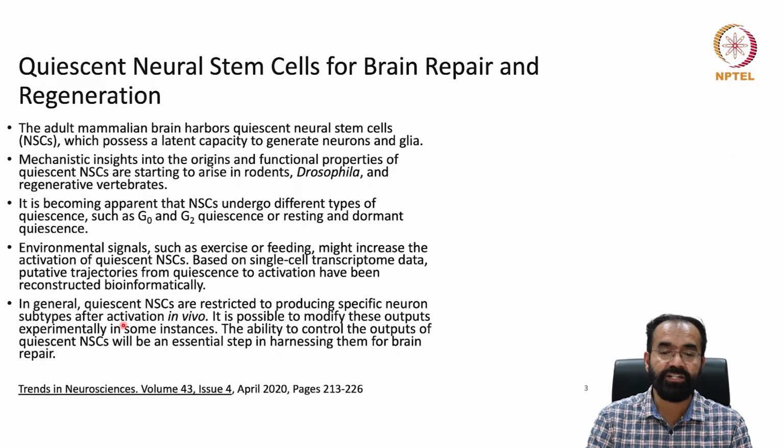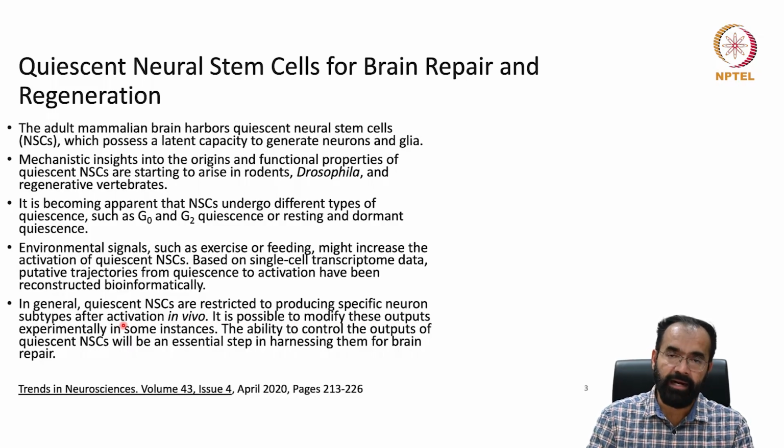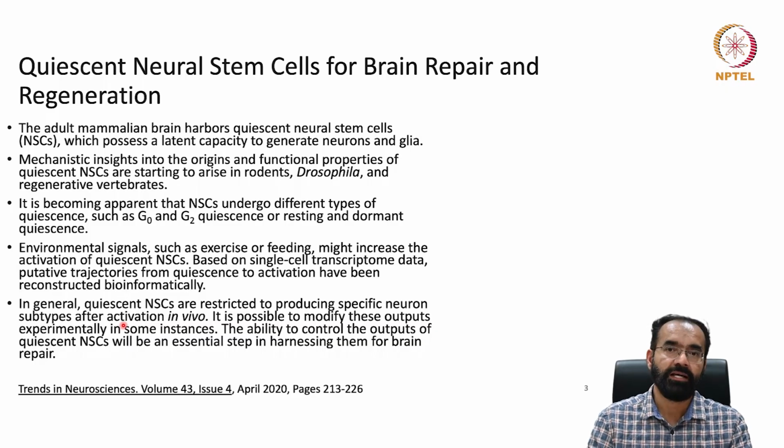So quiescent neural stem cells are contributing to brain repair and regeneration. Keep in mind, every brain undergoes some small scale of damage, but many a time that will not reflect in loss of function, simply because for a given task or a given function, there will be more neurons allocated.